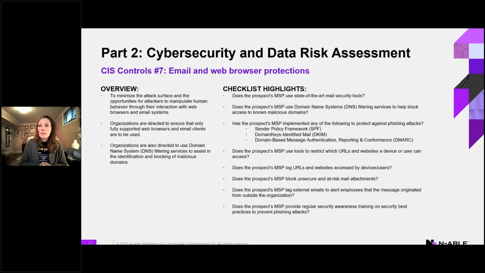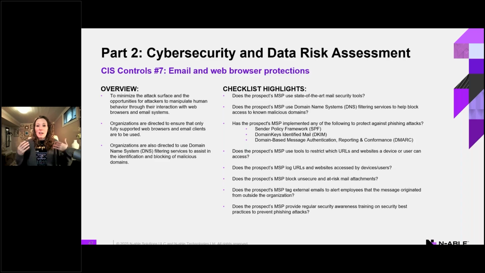Number 7, email and web browser protections. This is a huge section on a cyber liability insurance application form. At a high level, number 7 is really all about minimizing the attack surface and the opportunities for attackers to manipulate human behavior through the interaction with web browsers and email systems.